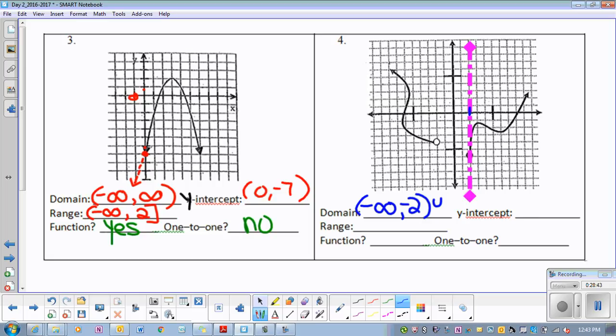What is this x number right here? A positive 2, right? So positive 2 with a closed circle, bracket, comma, and where is this going? To infinity, because you have an arrow on the right side. Okay?